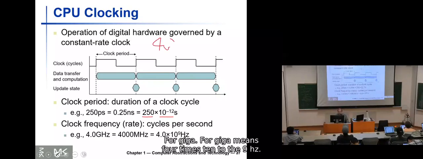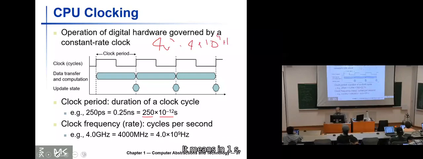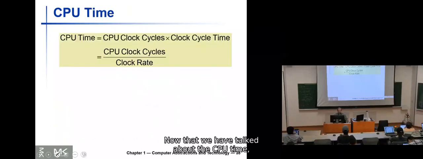4 giga means 4 times 10 to the 9 hertz. It means in 1 second, there are 4 billion cycles. Okay.